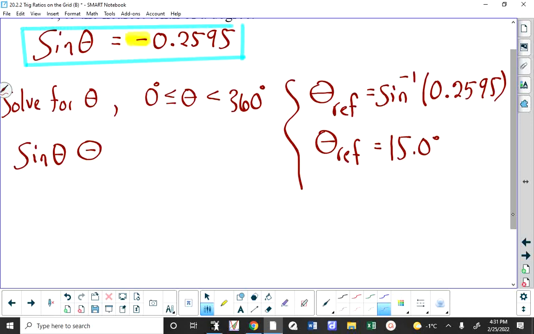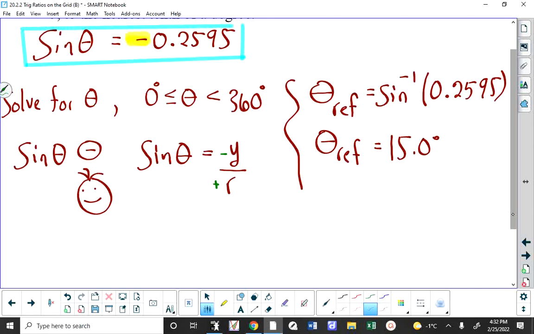Sine of theta is negative 0.2595. And we also think about the fact that sine of theta is defined by being y over r. If sine of theta is negative, what does that tell us about y? Well, the only way sine of theta can be negative is if y is negative, because r is always positive.